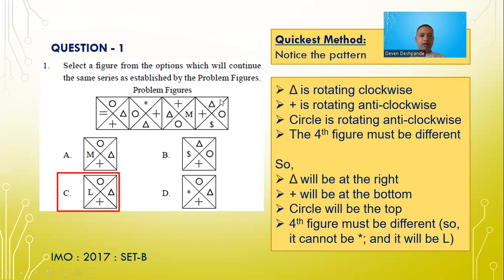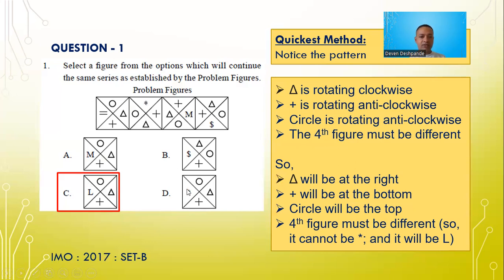Circle should rotate counterclockwise. So circle should be at the top. Circle is at the top. The plus sign should rotate counterclockwise, anti-clockwise. So the plus sign should come at the bottom, and there should be a figure which is different. So you cannot have star because star is already there in the second.